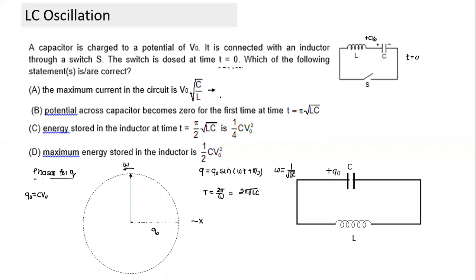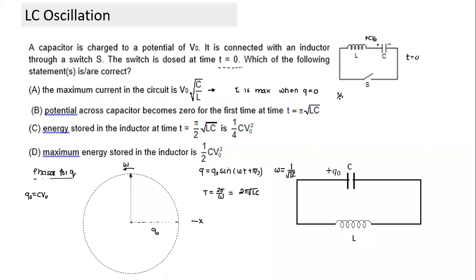Yes, sir. Maximum current flows in the circuit when the charge on the positive plate of the capacitor becomes 0, right, sir? Zero. Okay, so current I is maximum when Q is 0. That means the electrical energy is stored in the form of magnetic energy.